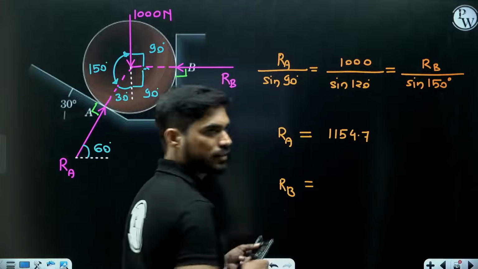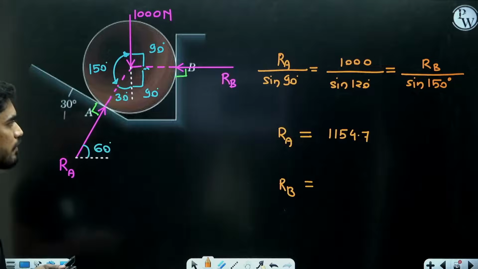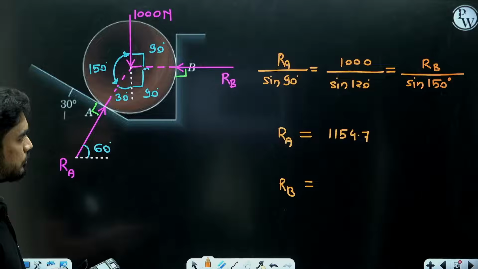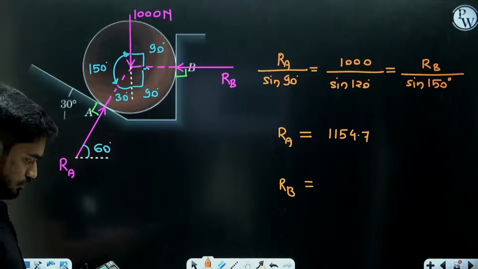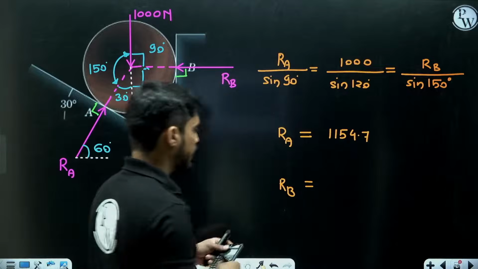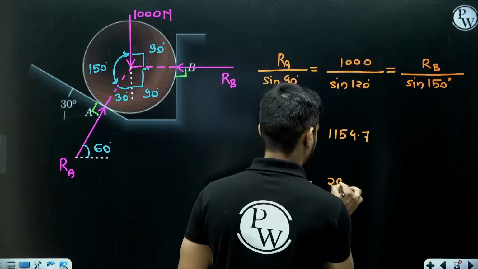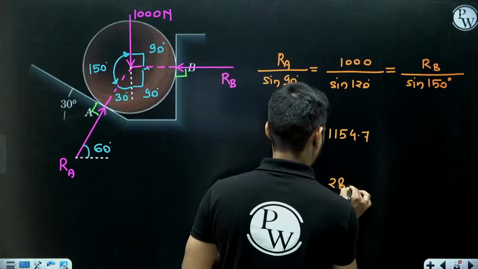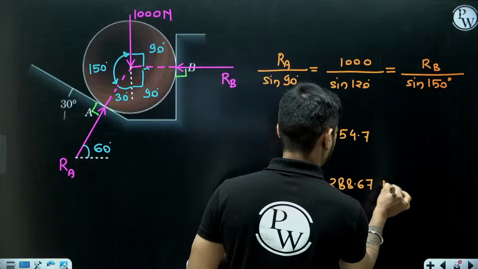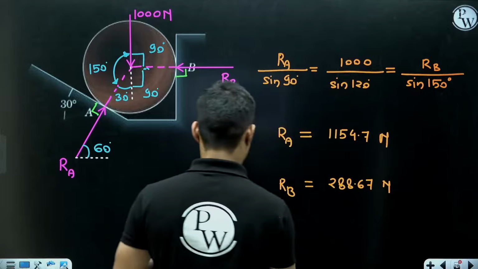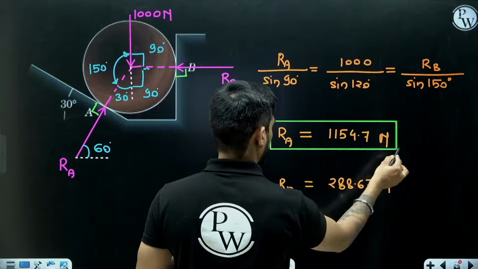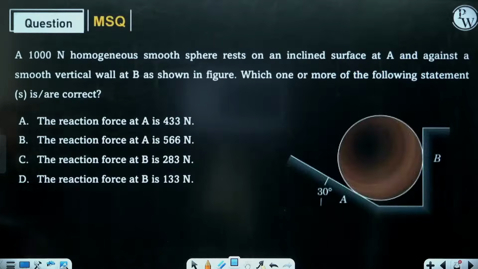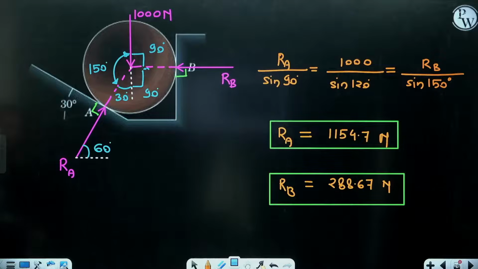Are you also getting this 1154.7? And RB is 288.67. So I am getting these answers. It means none of the options are correct.